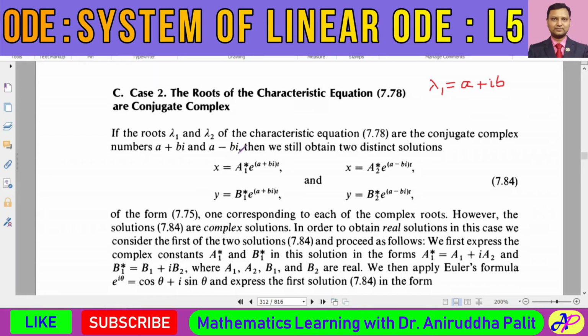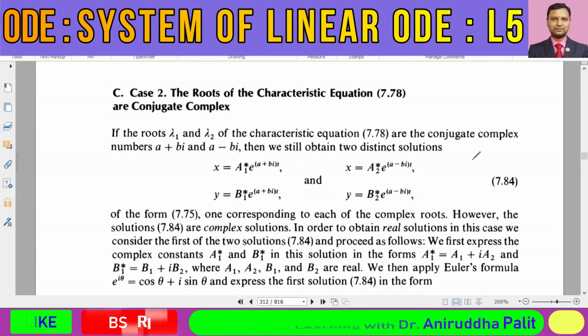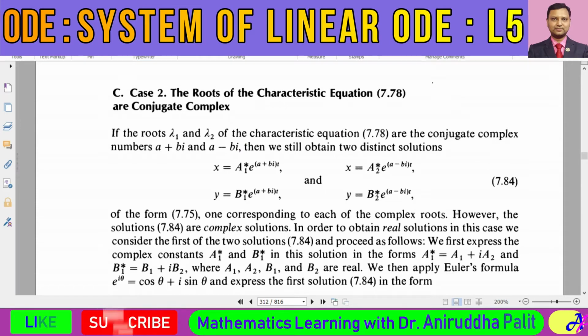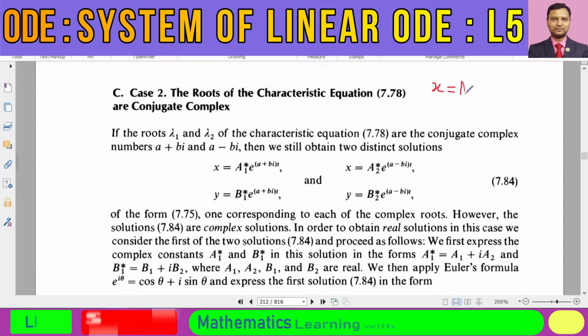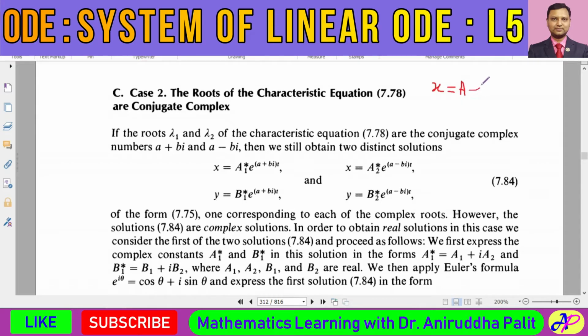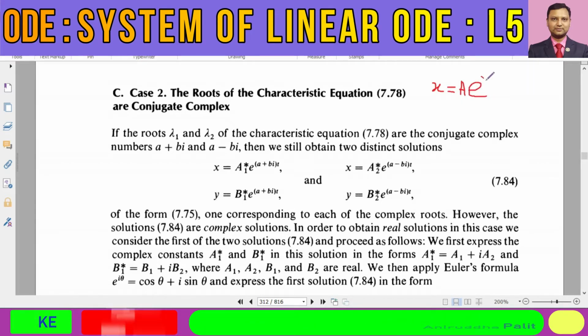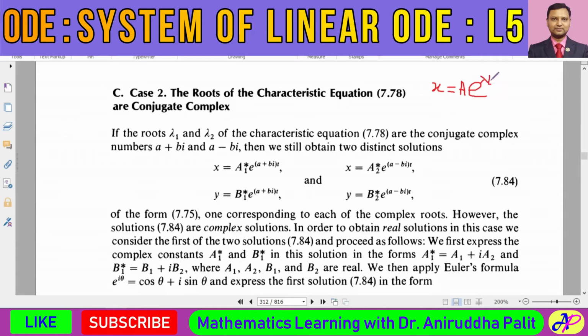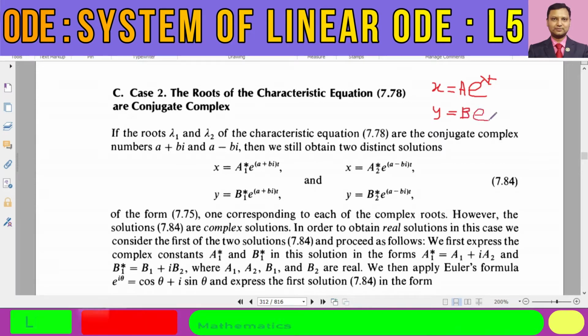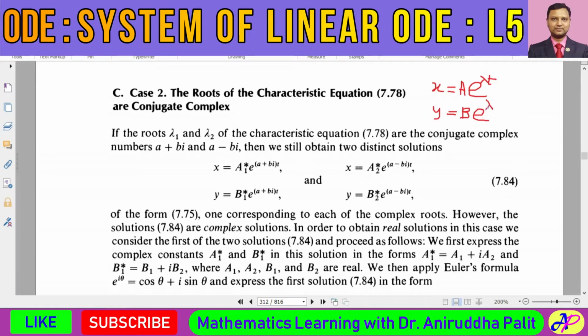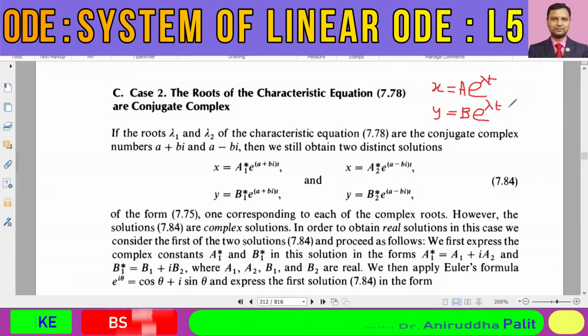In such cases, we considered a trial solution in this fashion: x is equal to some constant capital A into e to the power of lambda t, and similarly y was considered to have the trial solution B into e to the power of lambda t.